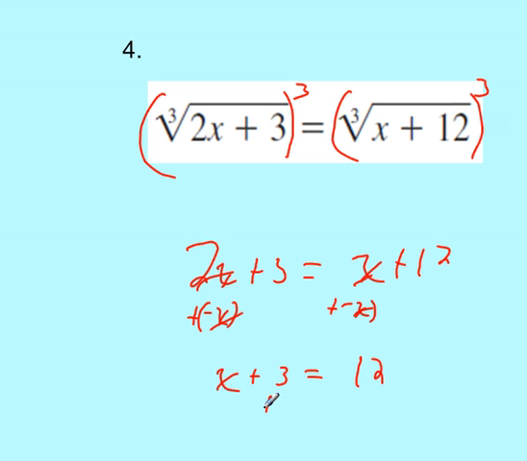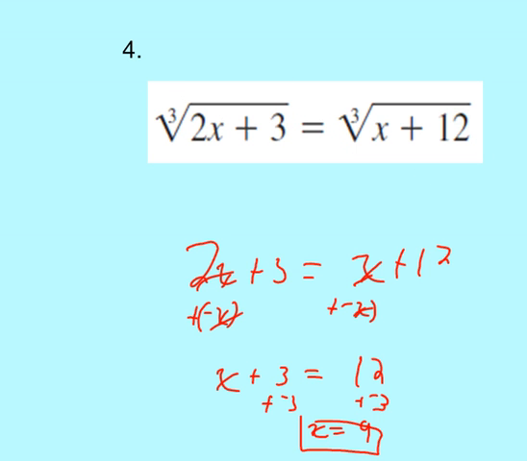I'll move the 3 over by adding its opposite. So we end up with x is equal to 9. If I plug in 9 and go back and check, 2 times 9 is 18, plus 3 is 21. And if I have 9 plus 12, I get 21. So I'm looking at the cube root of 21 for both sides, so it does balance.